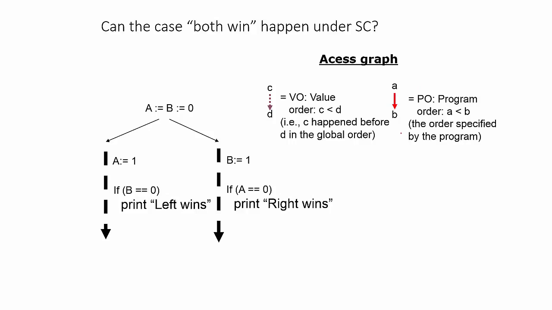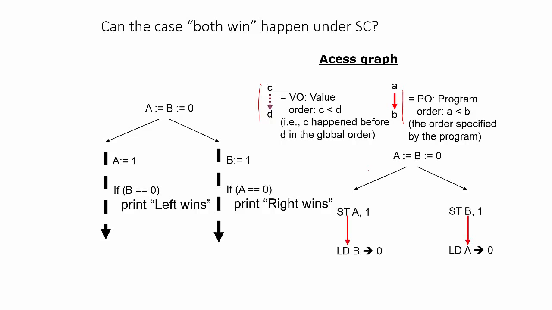We have program order defined by each individual thread. So A happens before B in this case, in the program order. The value order is the order by which the change of values happen. And that's denoted by a different arrow here.